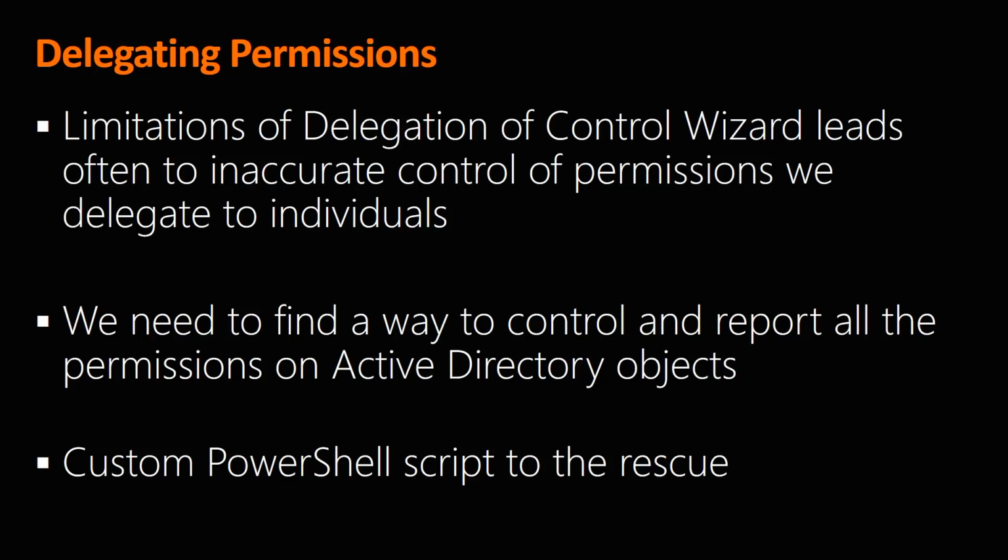Another shortcoming from Microsoft: there is no easy way to report all permissions on Active Directory objects. Obviously, you can use some tools provided by third-party vendors, or you can use a custom PowerShell script, and this method I will demonstrate.